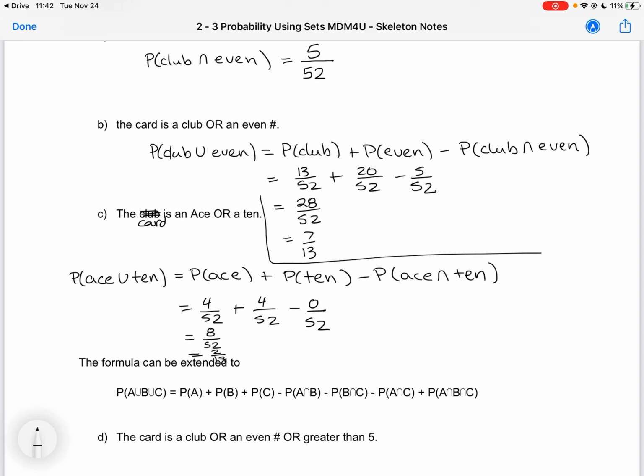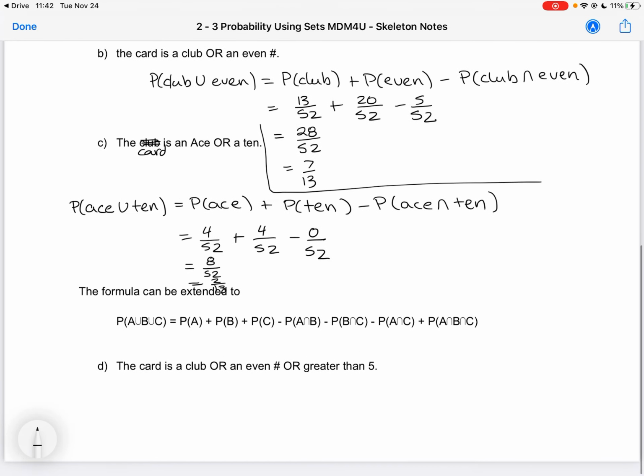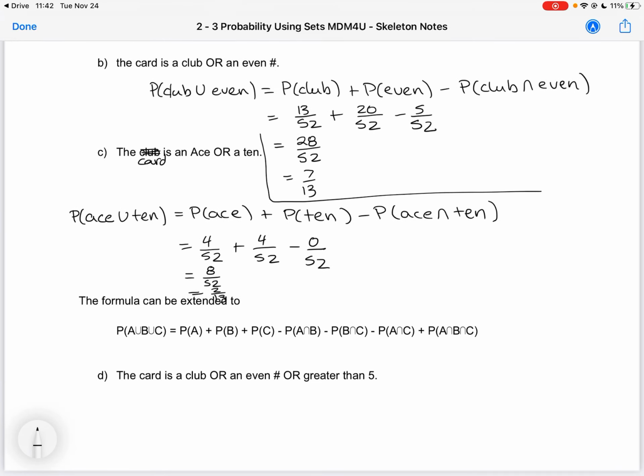So we can also extend this formula to 3 events. So if we have the probability of A or B or C, it's equal to the sum of the individual probabilities, subtract the pairwise intersections, and then we're going to add the intersection of all 3 events. So let's figure out the probability that the card is a club or an even number or greater than 5.